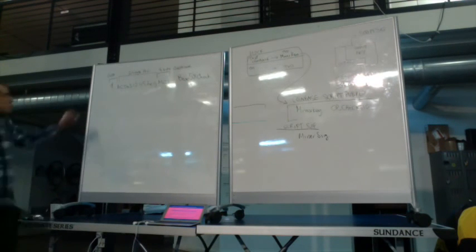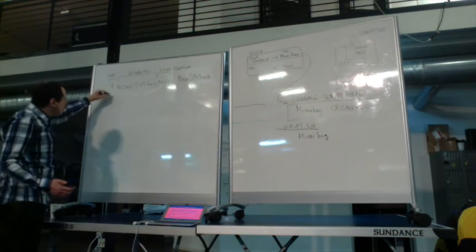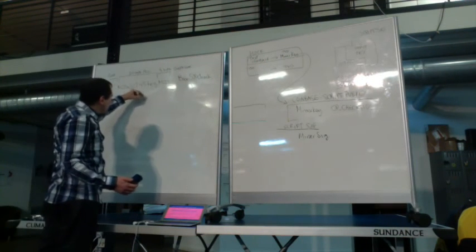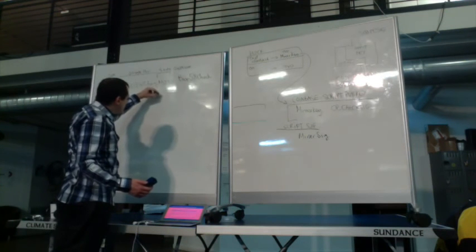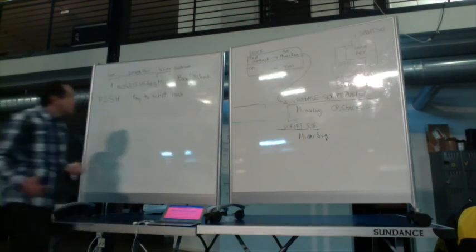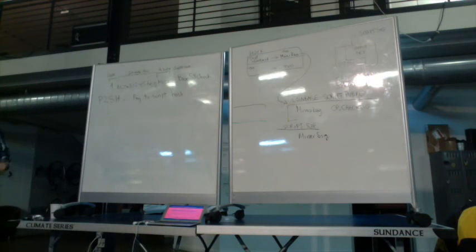So P2SH. Instead of a Bitcoin address, it's something that looks like a Bitcoin address. So you can use it in a wallet transaction the same way.